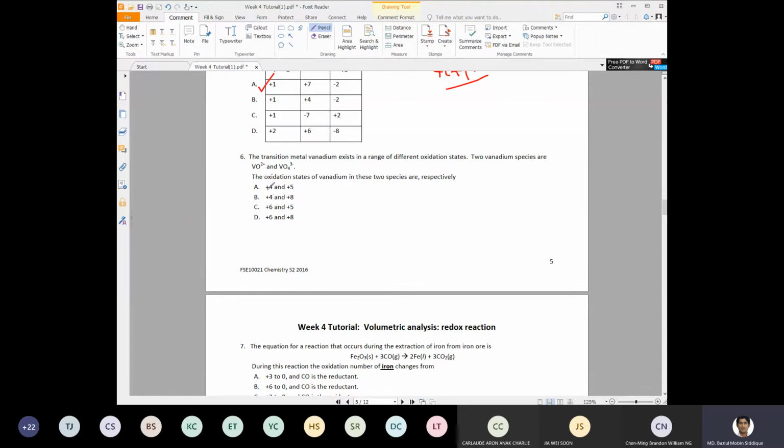Also, because of the charge of the vanadium, one is very toxic, lethal, and another one is life-saving. So the oxidation state is very important. Is there any question? Let me check.